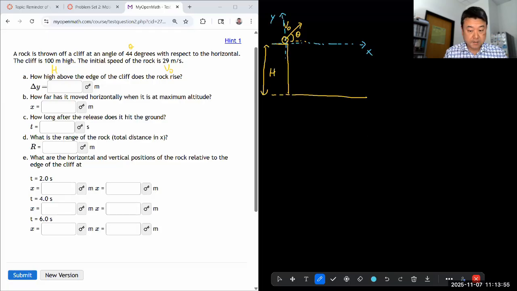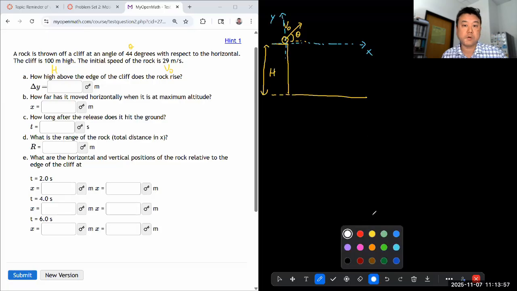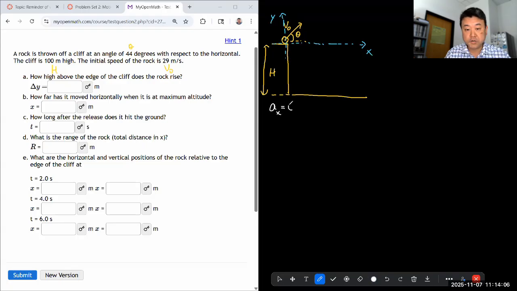These are some of the key equations you will be dealing with in projectile motion. With the axes defined this way, the X component of acceleration is 0. Constant velocity in the X direction. That's a defining feature of projectile motion. We ignore air resistance and all that.